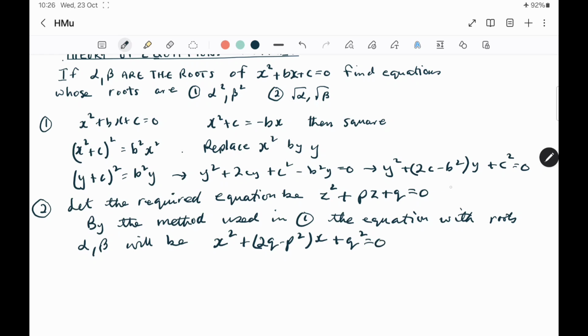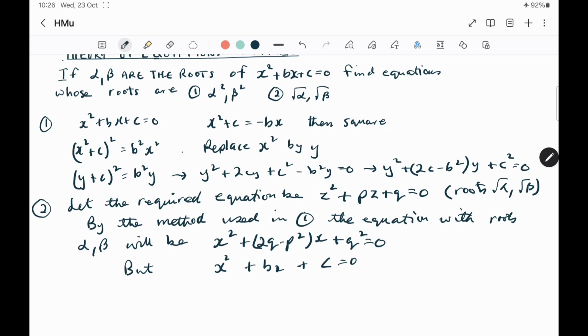Okay? Roots alpha, square root beta. Okay? But also, that equation is the original equation, x squared plus bx plus c equals 0.